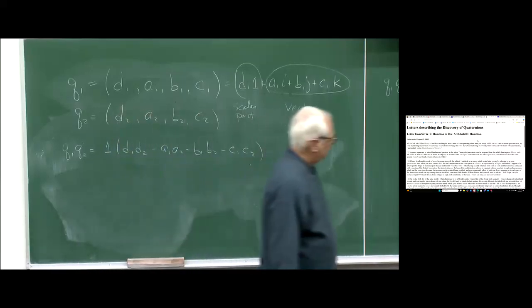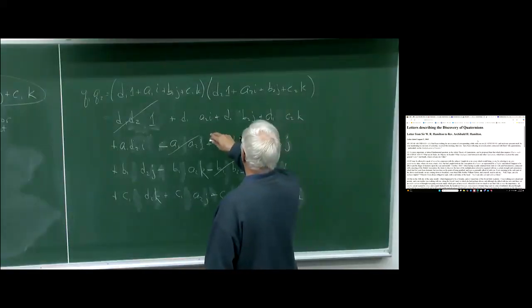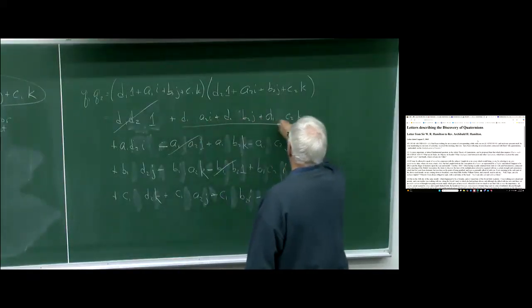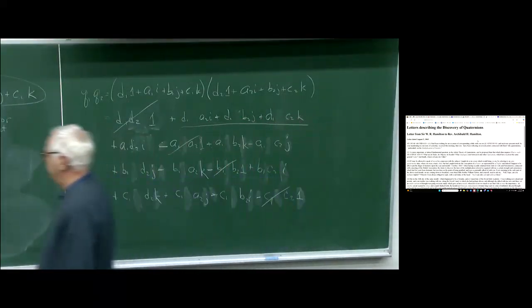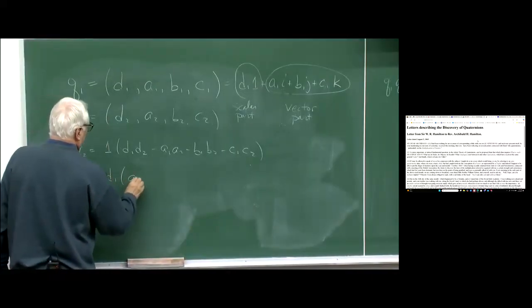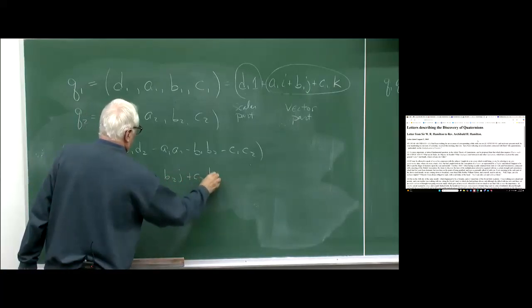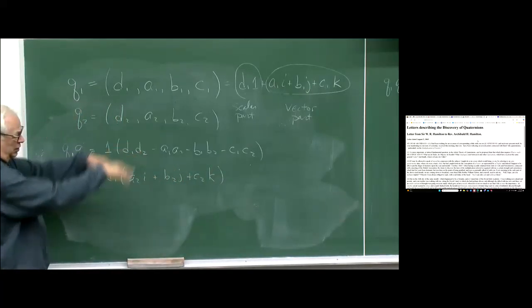So, okay. Now I'm going to group these a little bit differently. I'm going to take these 3 terms and write those down next. So I'm going to say plus D1 times A2i plus B2j plus C2k. I'm just going to group them differently, but it's the same.